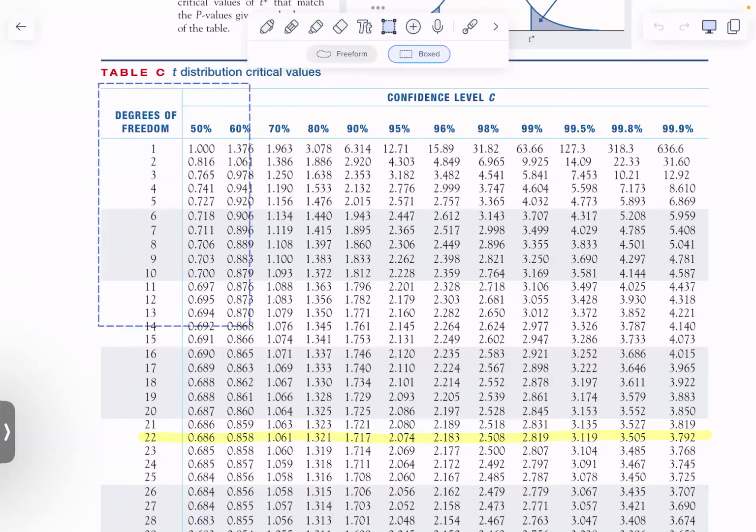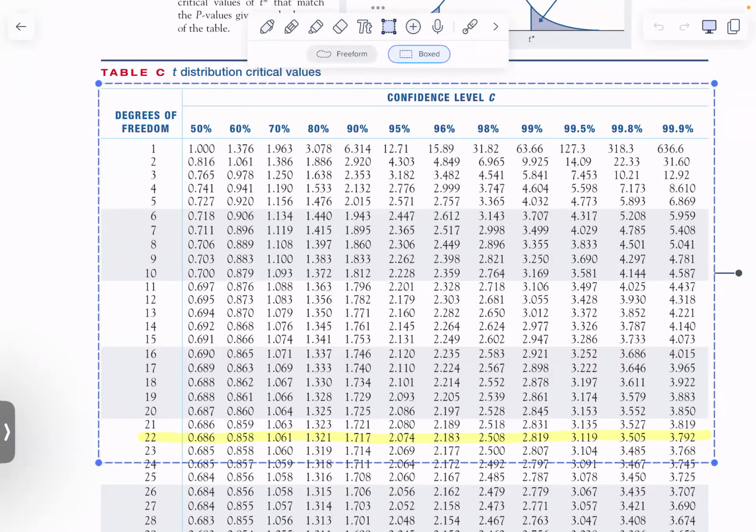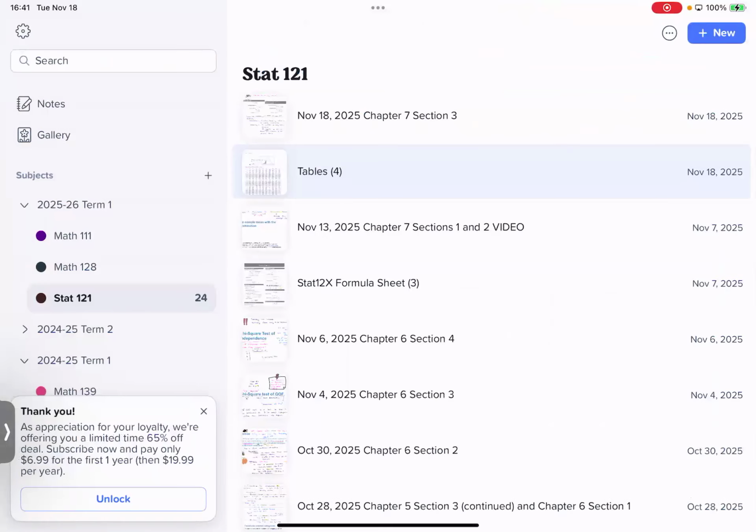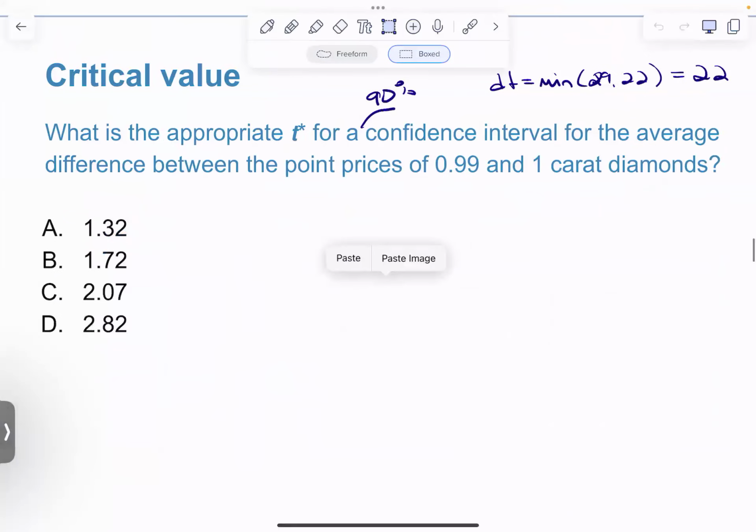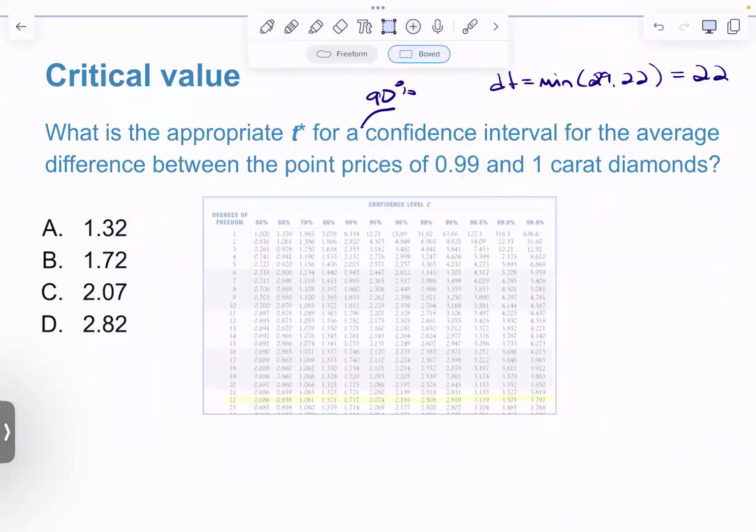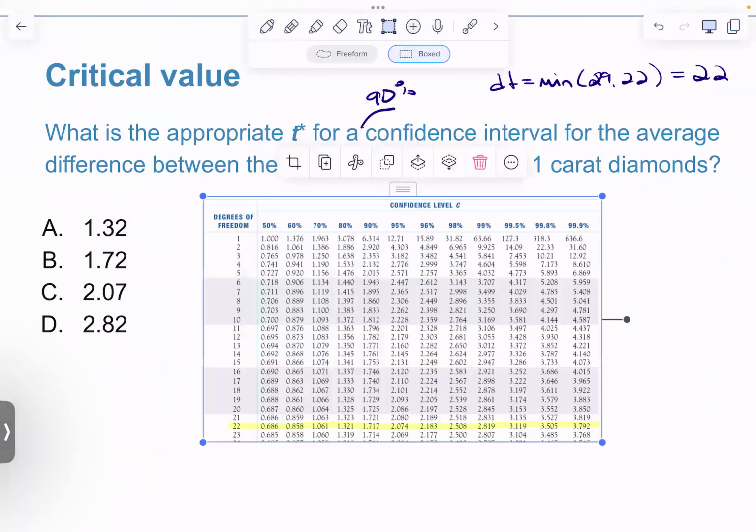Let's see here. I'll bring it in. 22 degrees of freedom. Turns out it's in a really inconvenient spot on the table because both the screenshots are really large.